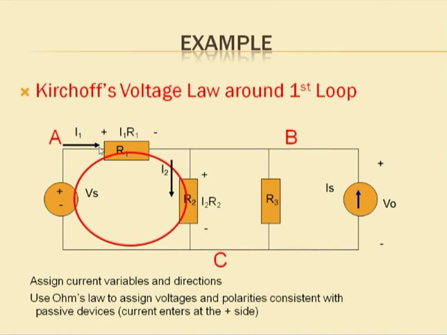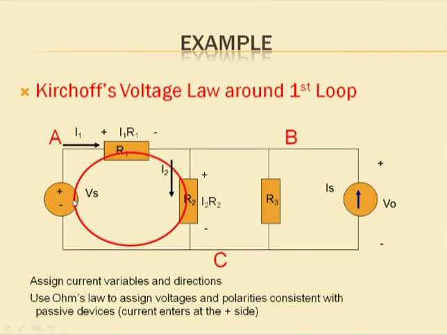The point where current is entering is considered positive, and the point from where current is leaving is considered negative. So this is I1 R1, positive to negative, that is a voltage drop. I am considering the voltage drop as positive, and as the loop is there, I am traveling from A: I1 R1 plus I2 R2.